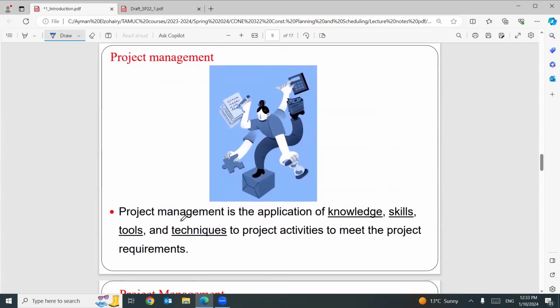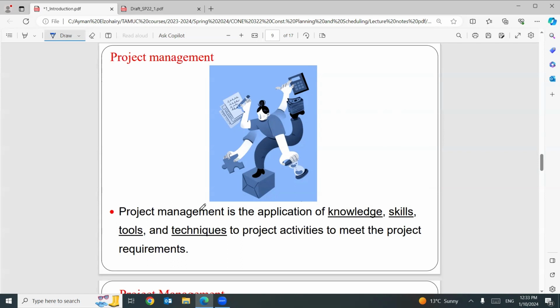So the biggest question: if you would like to succeed, you have to manage your time. So management is very important in construction. So let's talk in general about project management. Any project in this life, we need management.